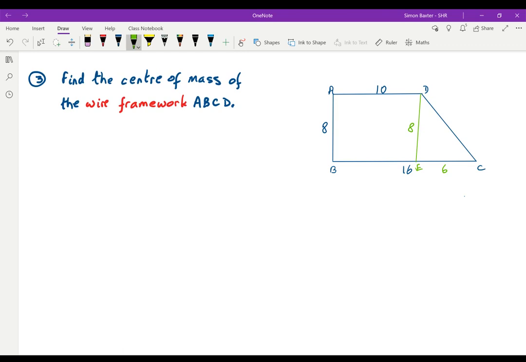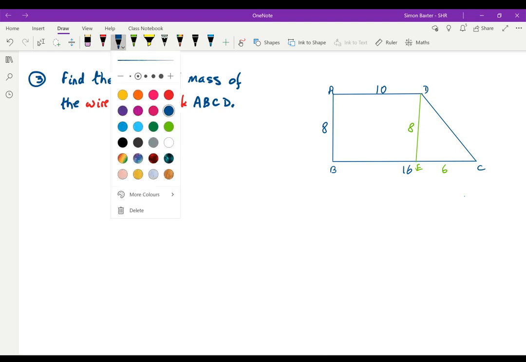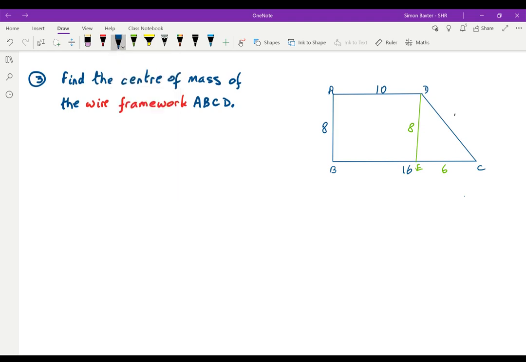And if you know your Pythagoras, you will have realized that we have 6, 8, 10, a Pythagoras triangle. So let's get rid of the bits that we don't want. And we now have a framework where we know all the lengths of the lines.